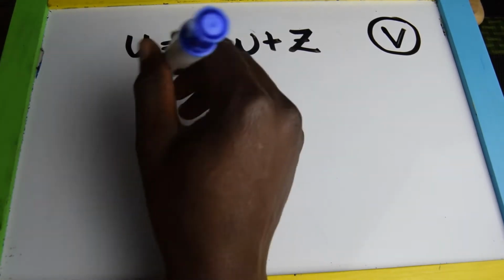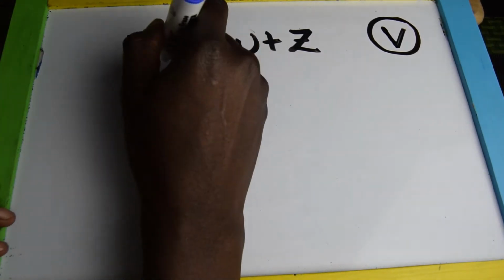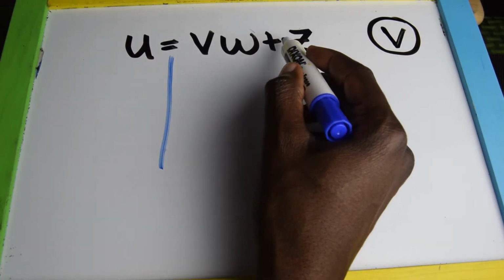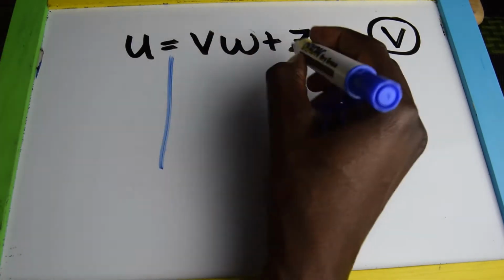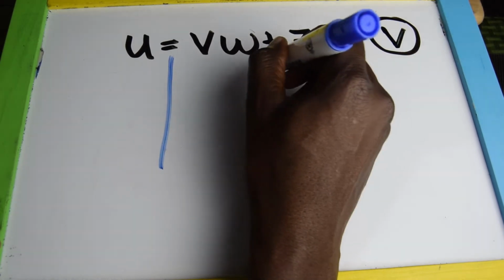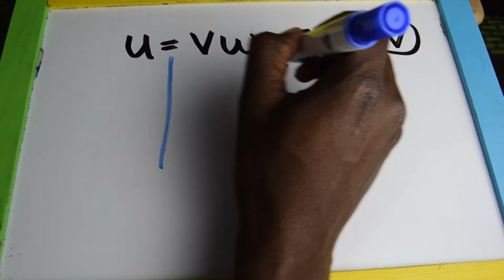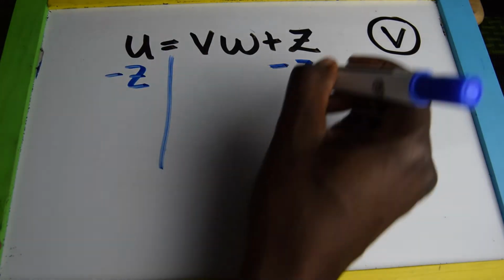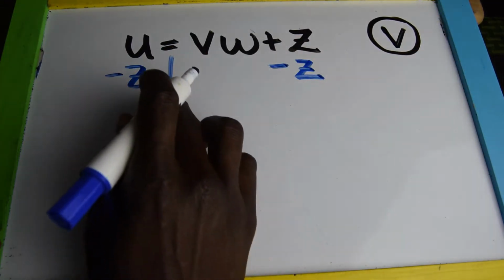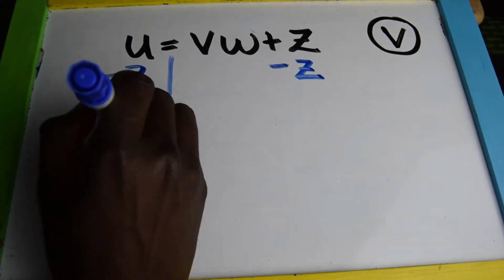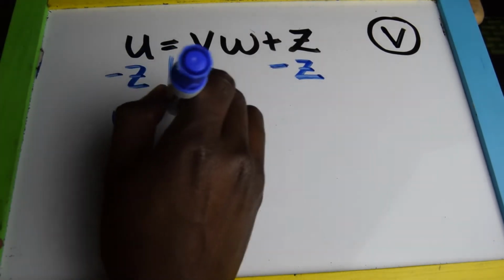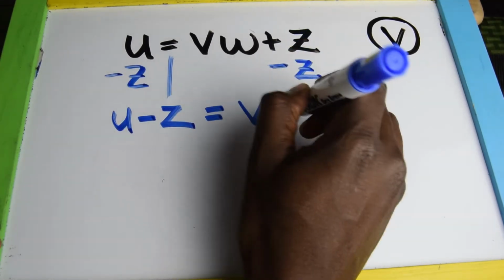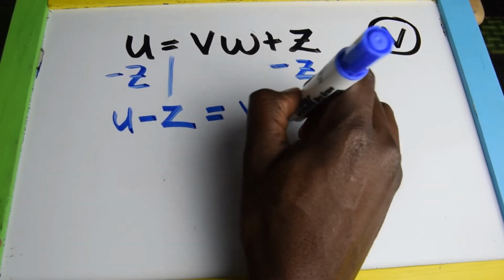So I'll draw my river right there and say that because Z is on the right and I want to bring it to the other side, I'll subtract Z here and subtract Z here. So this cancels out. Now I have U minus Z equal V times W.